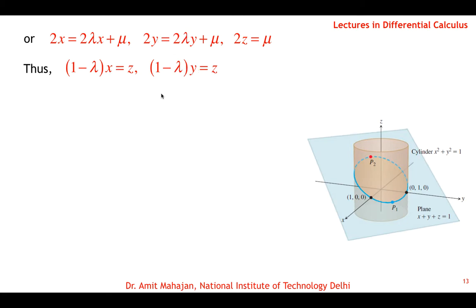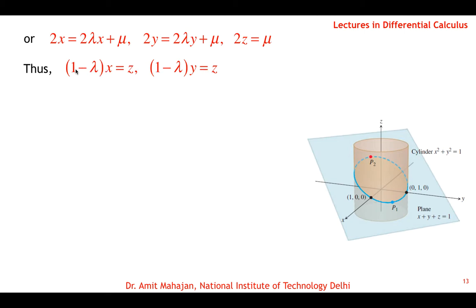So from here, either z is 0 and lambda is 1 can satisfy this, or if lambda is 1 then z must be 0, that's one thing.